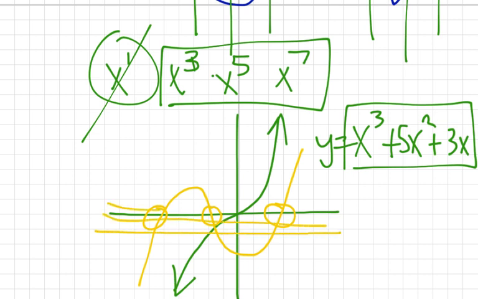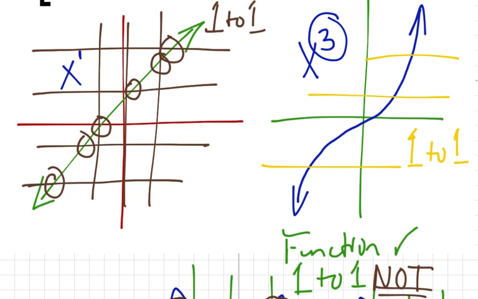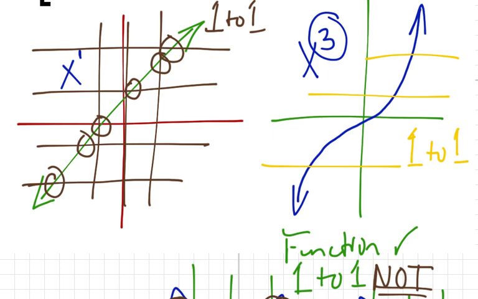So if you drew some horizontal lines in here, that would not pass. You can see that if you graphed it using a graphing calculator or a graphing utility on your computer. But most of the time they're not going to ask you anything this complicated, so you don't really have to worry about it. I'm just making a side note that it's not always the case that if it's x to the third, fifth, or seventh it's going to work out. But generally these are the types of things you're looking for with one-to-one.